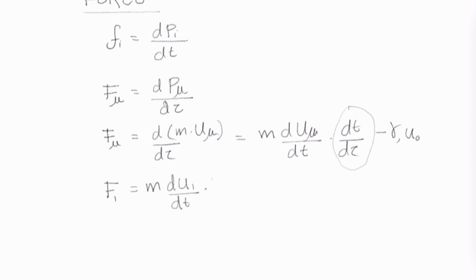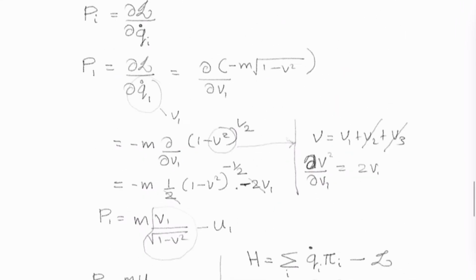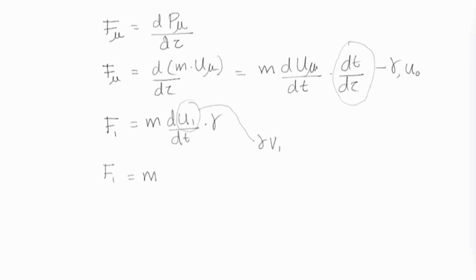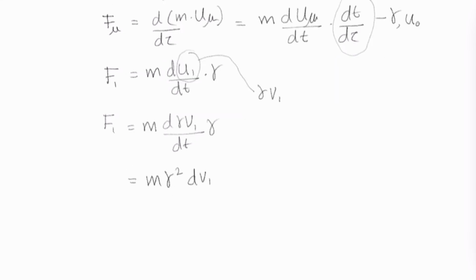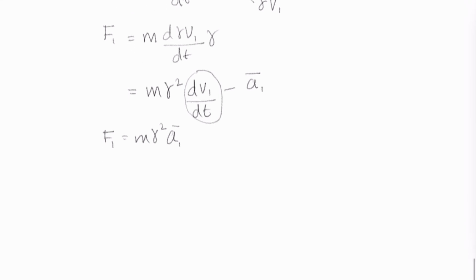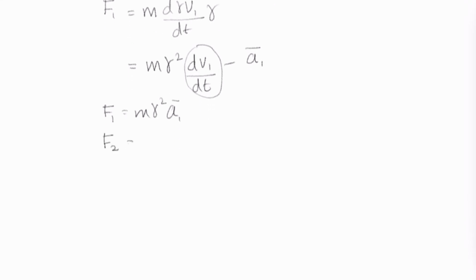So what is du1 by dt? This is acceleration along one axis, so this is a1. So F1 is m times a1 times gamma. F2 is m a2 gamma.